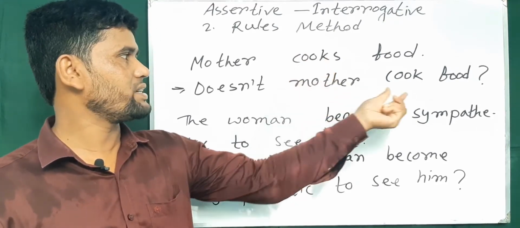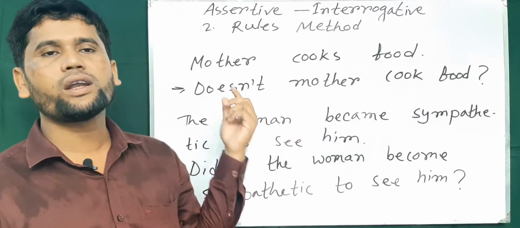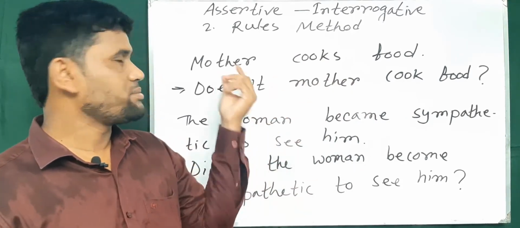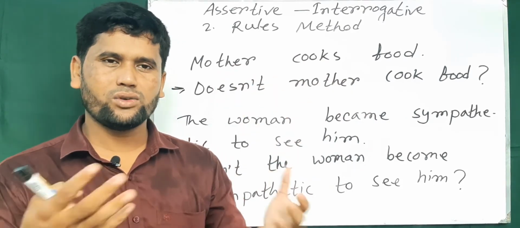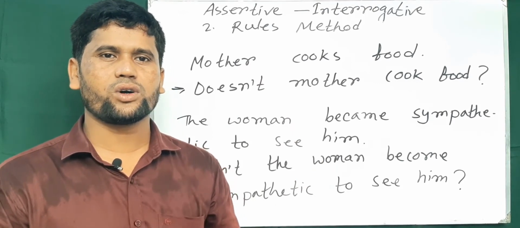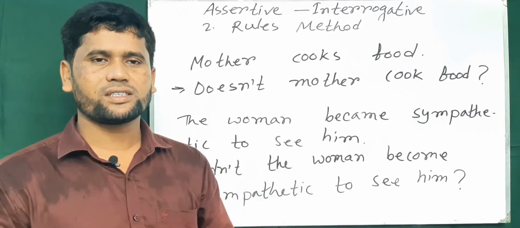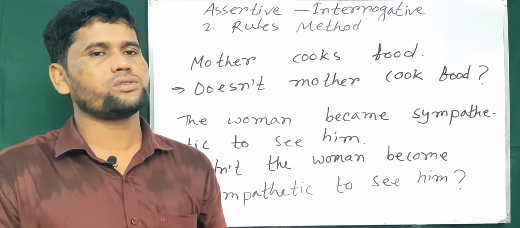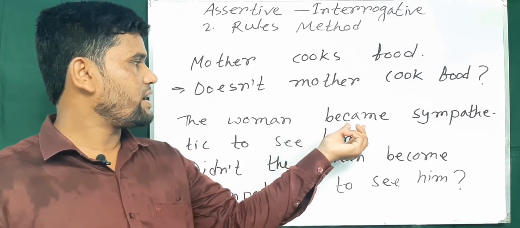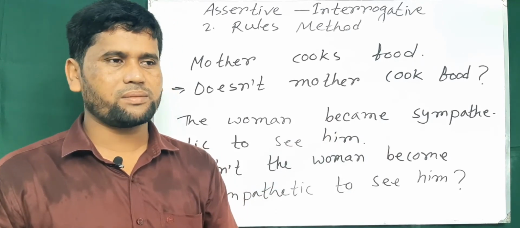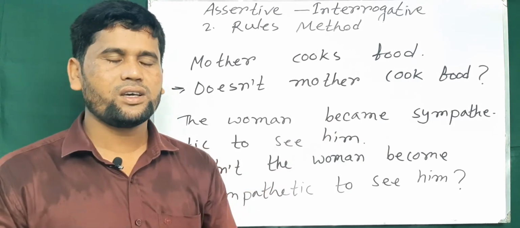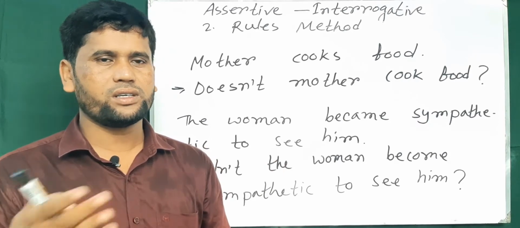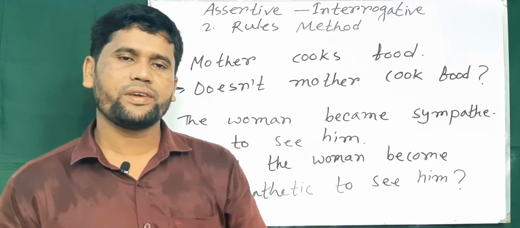If the main verb is present form, you can use do or does. Here the subject is third person singular. You know the rules of using do or does. If the subject is third person singular, we use does, and otherwise we use do. And if the verb is first form, that means in the past indefinite tense, we use did not when we make the sentence negative or interrogative.